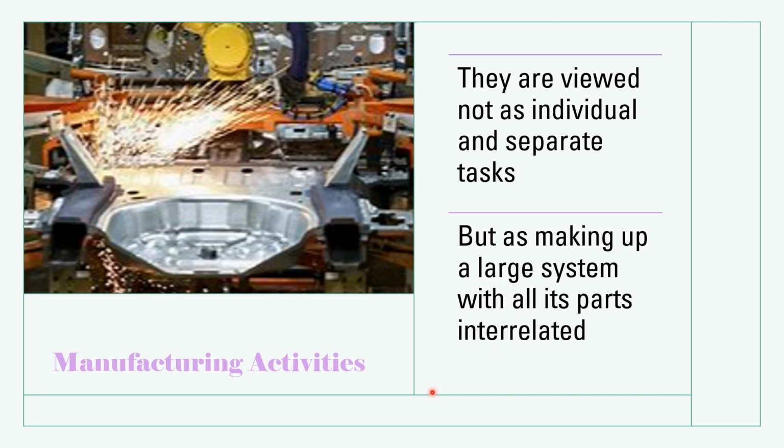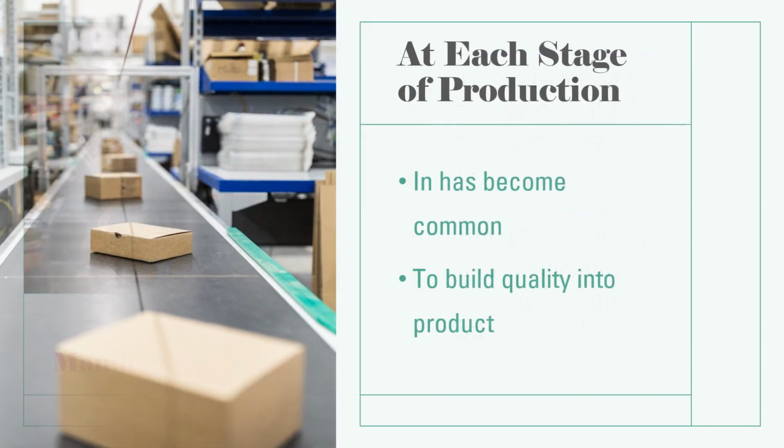During activities, we're not viewing them as individual and separate tasks, but we're viewing them as all interrelated, as if they're making up a large system. So make sure you understand the point. When you go into each stage of production, what are we doing today?